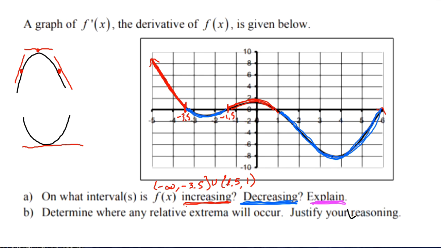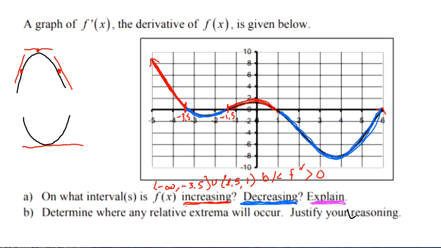All right, so on the first one, we would say f of x is increasing on this interval, and then we would state because f prime is greater than 0, which means your derivatives are positive.